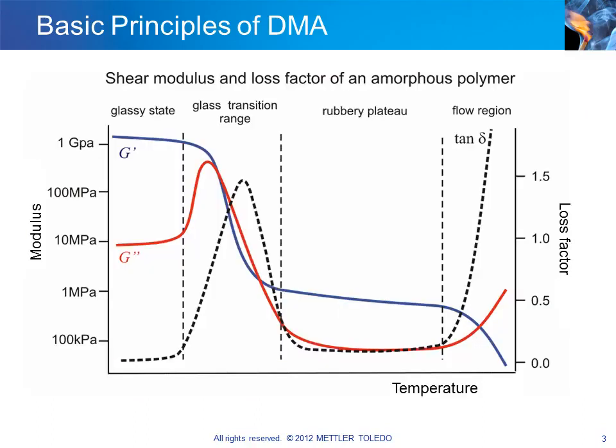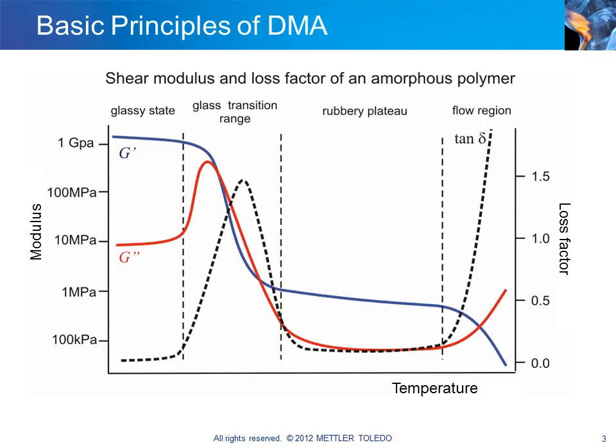This slide shows idealized DMA curves such as would be obtained from the measurement of an amorphous thermoplastic polymer. The blue curve G' is the storage modulus. The red curve G'' is the loss modulus, and the black dashed curve is tan delta, or the loss factor. Tan delta is the loss modulus divided by the storage modulus.